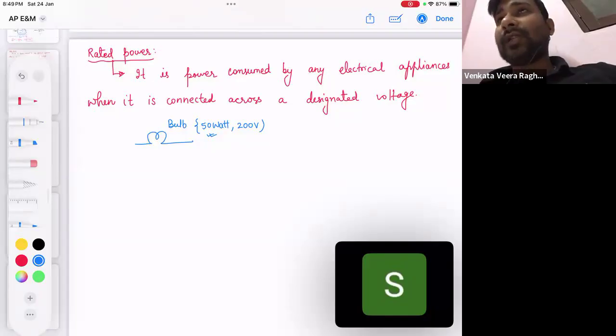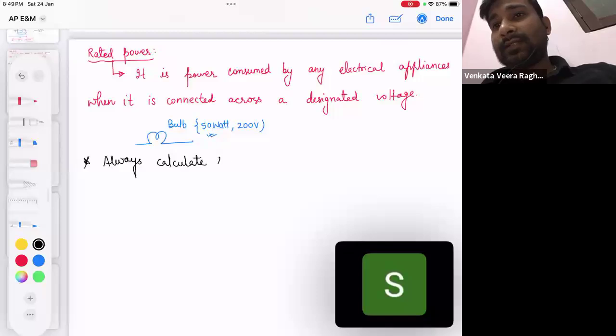So whenever you calculate the power consumption in any appliance, before calculating that, always calculate the resistance. That is the only important point about this one. Always calculate the resistance of the bulb, or not only a bulb, any appliance.